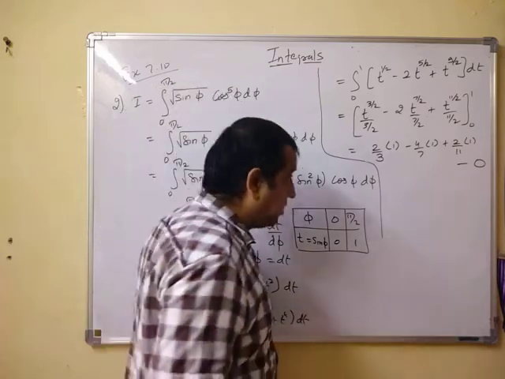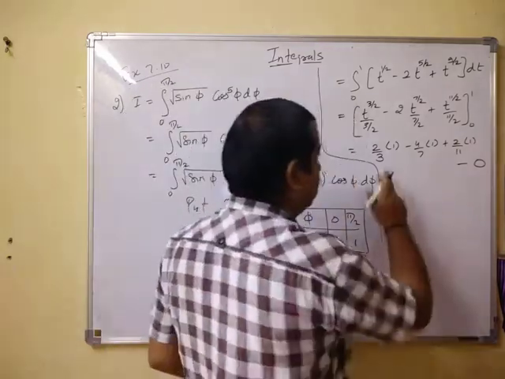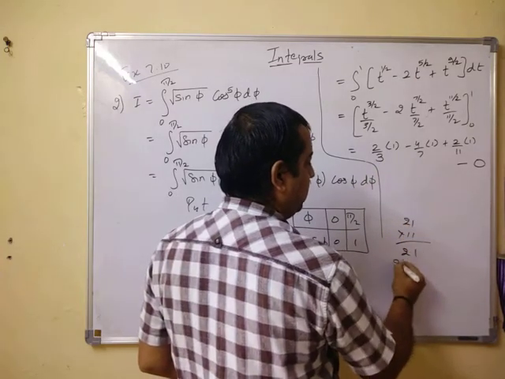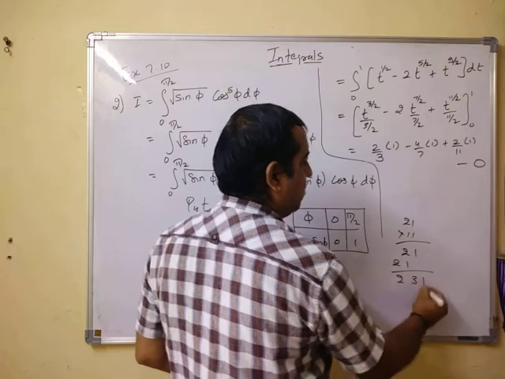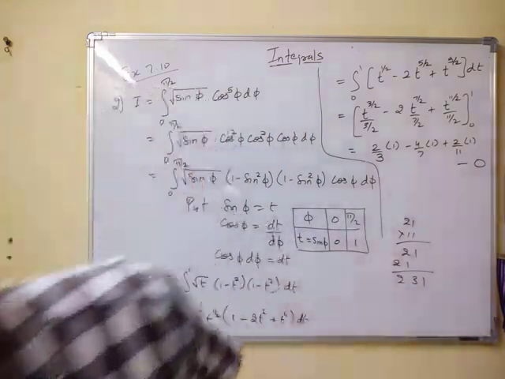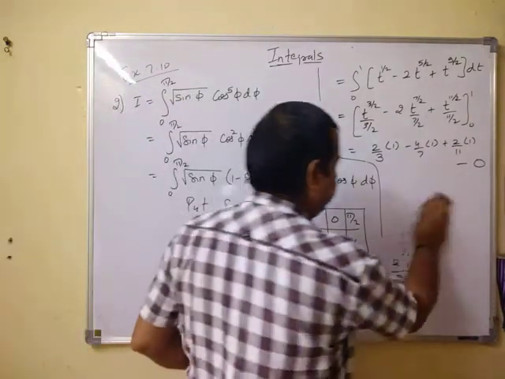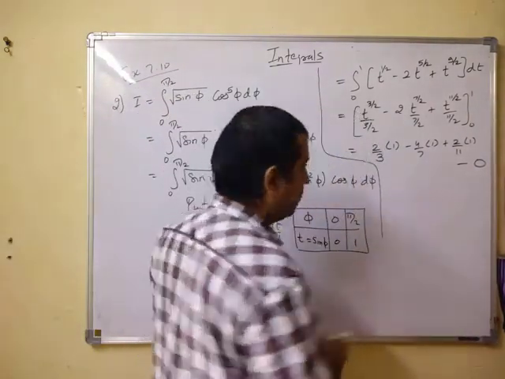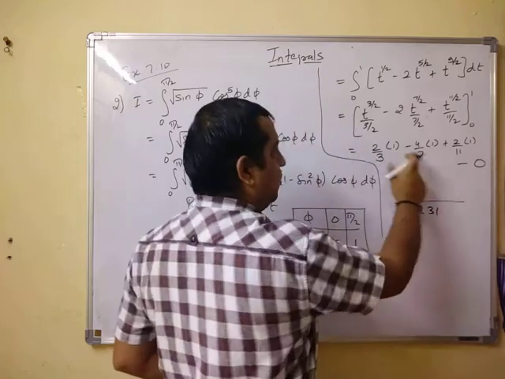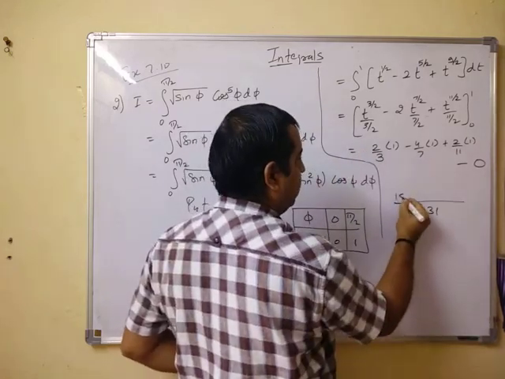Now as far as the LCM of 3, 7 and 11 is concerned, 3 7s are 21, and multiply by 11, you get 231. Okay, you get 231. So LCM is 231. Okay, 2 into 77, you get 154.